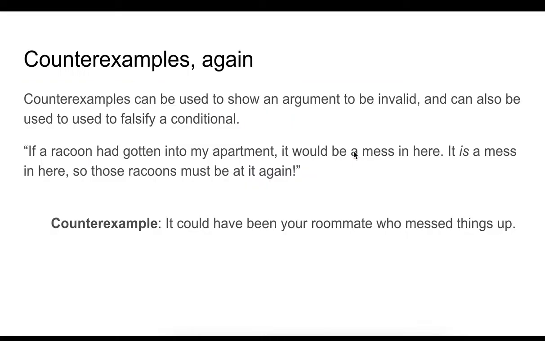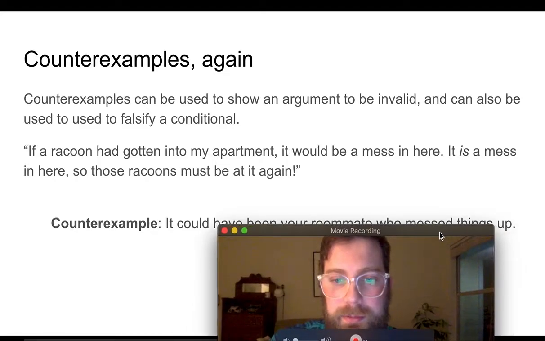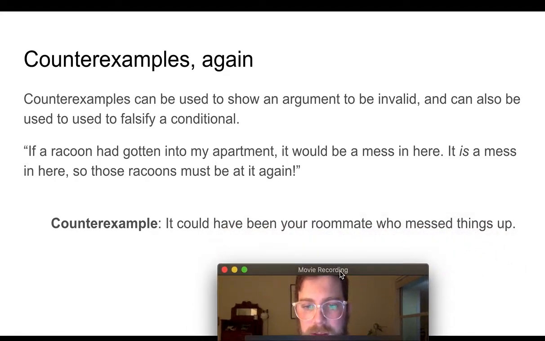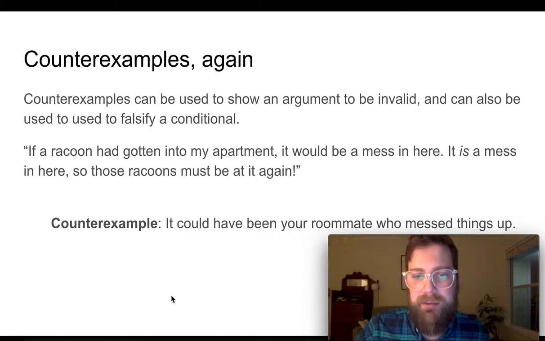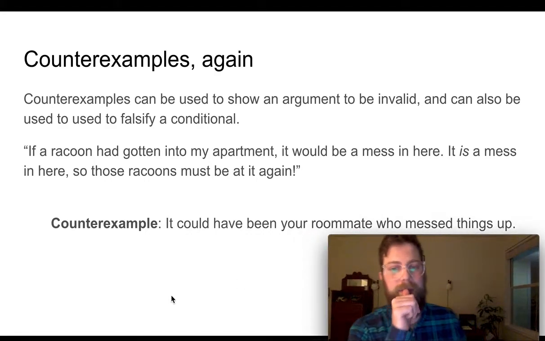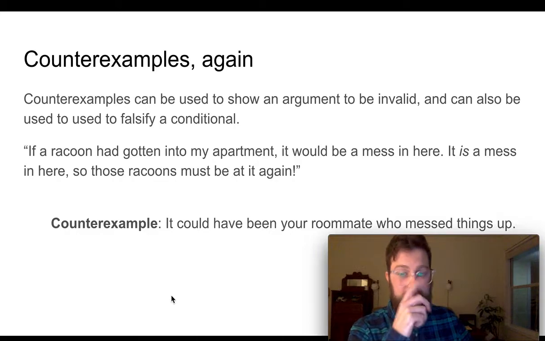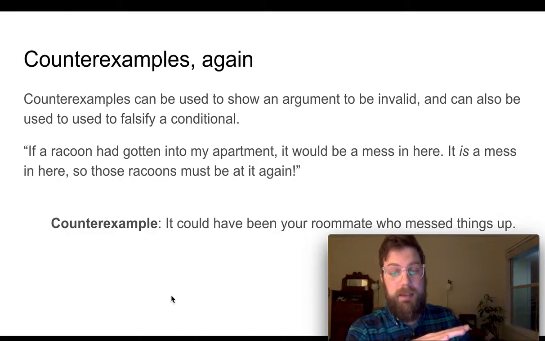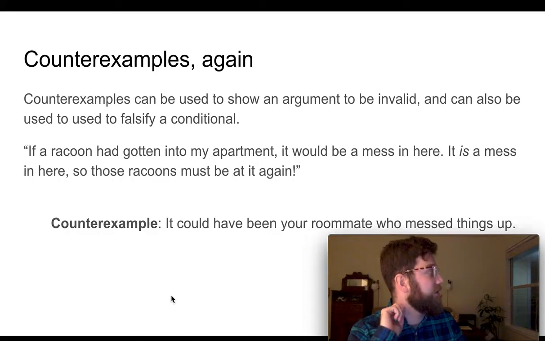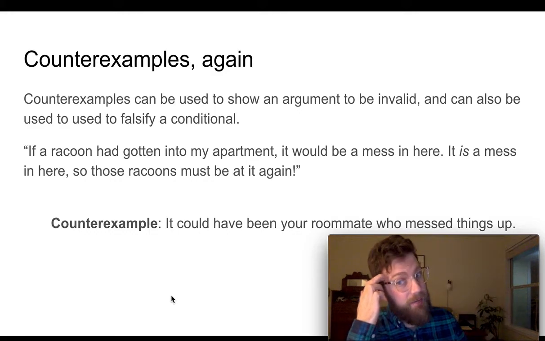Now again, we can use our skill of developing counterexamples when we identify an invalid form of argument. So in the conditionals video, I showed you that you can use a counterexample to show that a conditional is false, right?